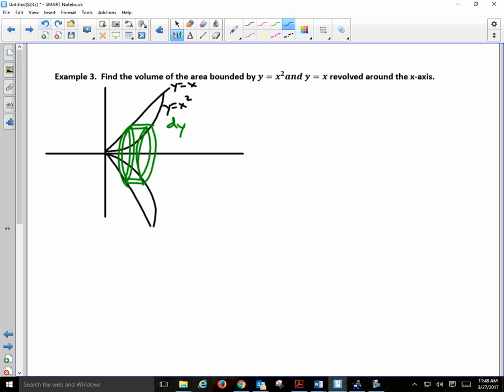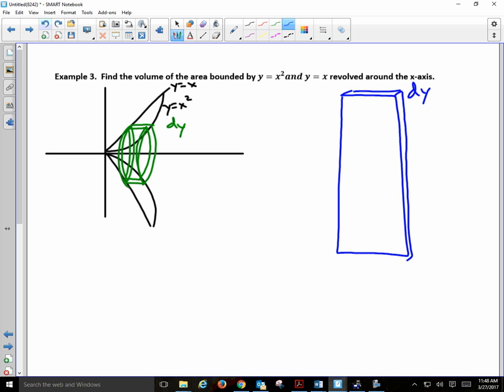So you can see that the original rectangle has a thickness of dy. I'm going to unravel that rectangle. So dy is that dimension.